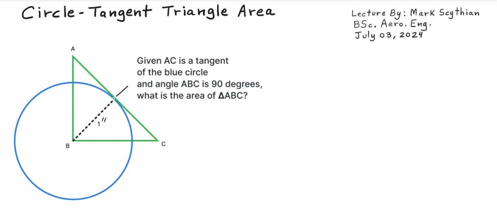So if we were to swing this radius the opposite direction, we would then be able to calculate the midpoint to C length as 1 inch as well.